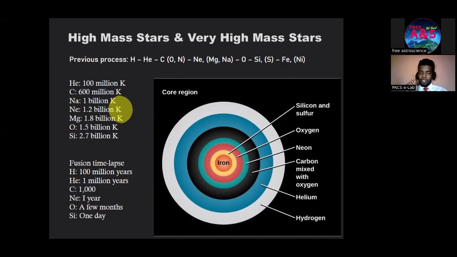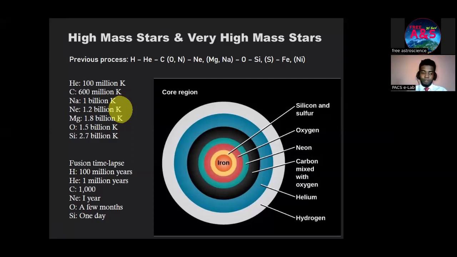But I want you to know something here. The period it will require to fuse each of these layers is getting less and less as the elements increase. Okay, so here is what I mean. I told you in the last class, for very massive stars, their lifespan is in hundreds of millions of years.